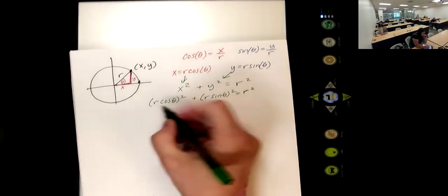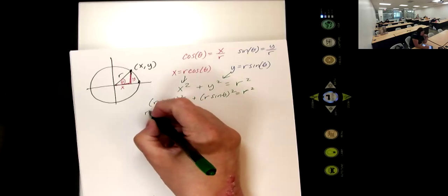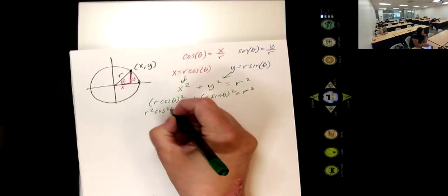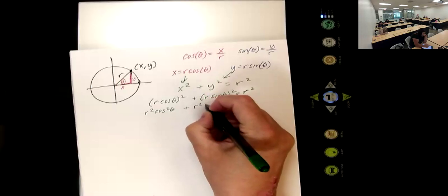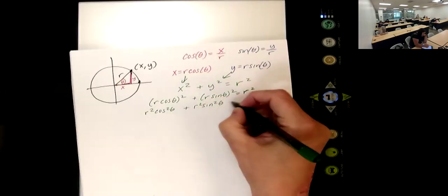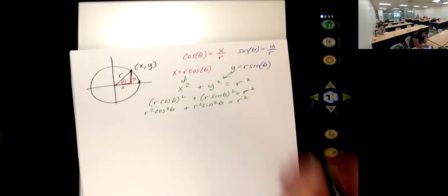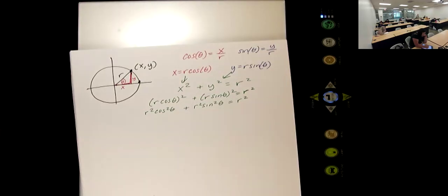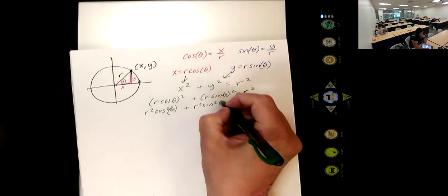And square hits everything inside, so this is r squared cosine squared theta, and this is r squared sine squared theta, equals r squared. Let's pause there and make sure everybody gets to that point.